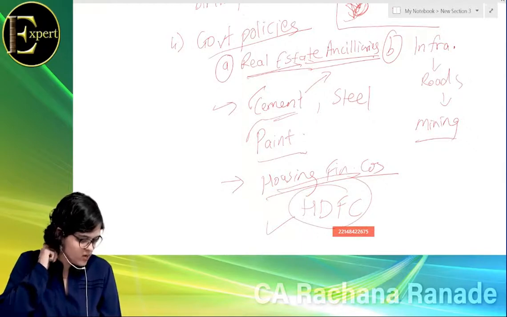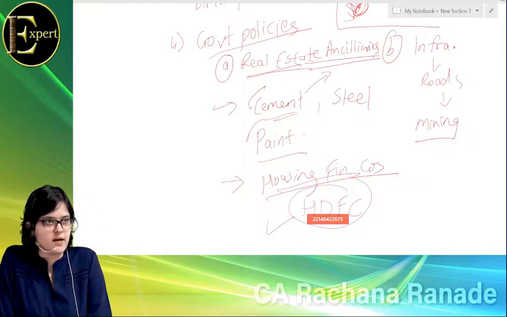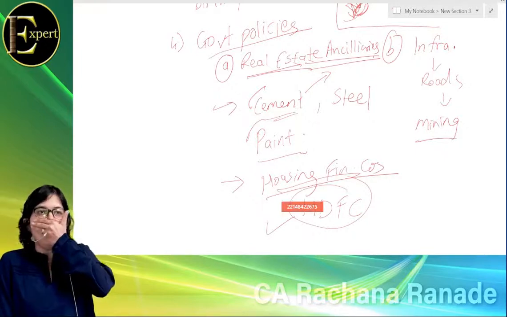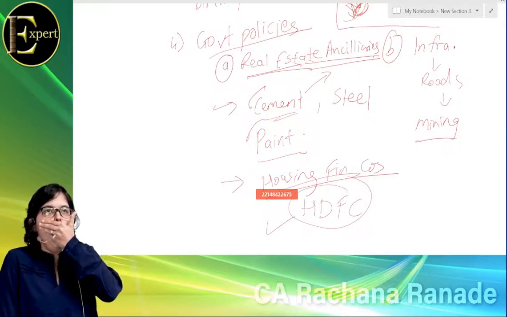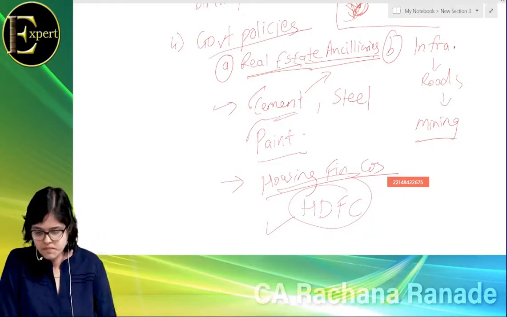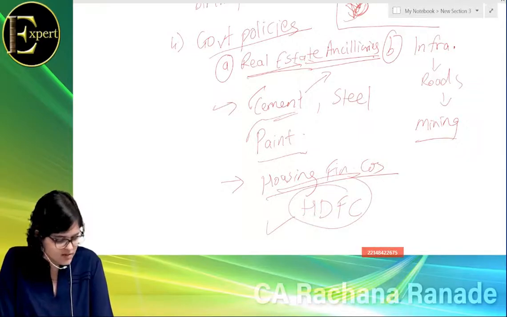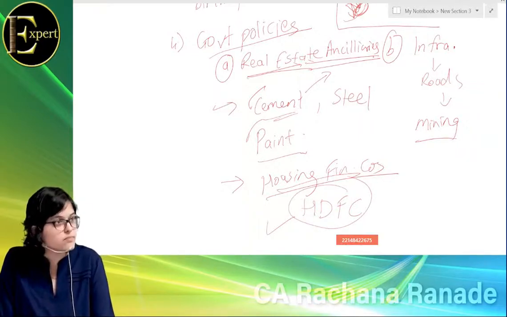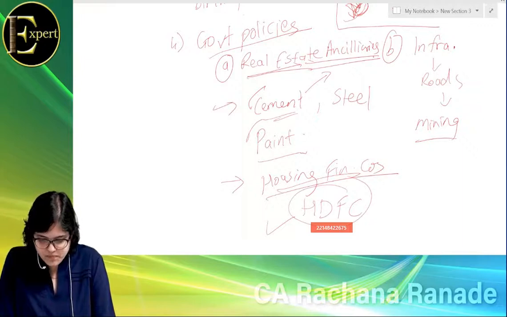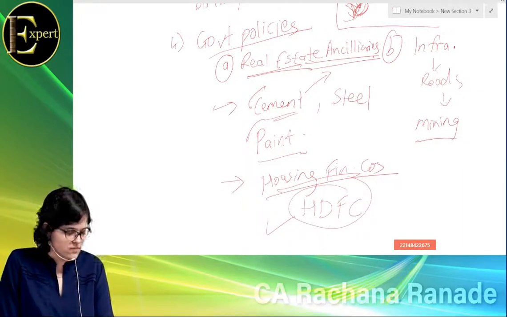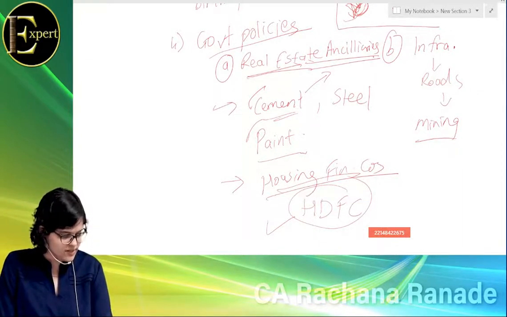In cement, you could write down ACC and Ultratech, both. Then the next one is paint. Berger and Asian Paints.